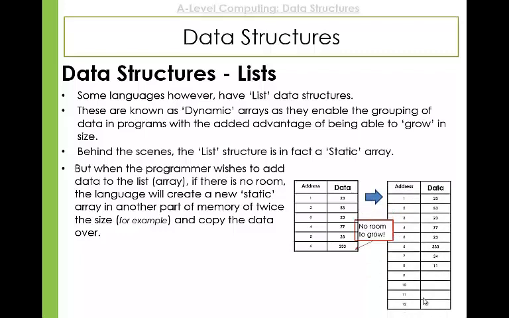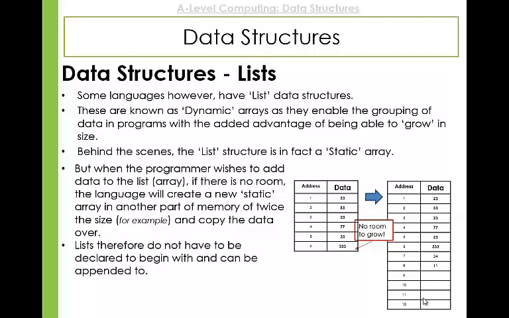It copies the data over, and then it adds in that new piece of data that you want appended to your list. And then there's some more memory locations for that list to continue to grow. So we therefore don't have to declare lists at the beginning, and we can append to them over time. So they are known as dynamic arrays. Okay.